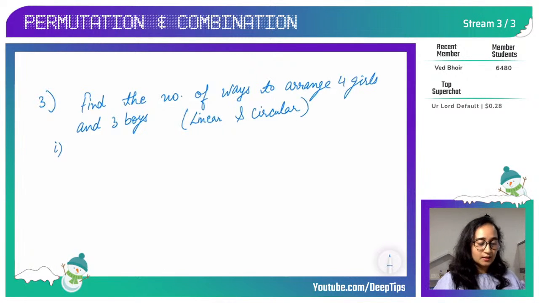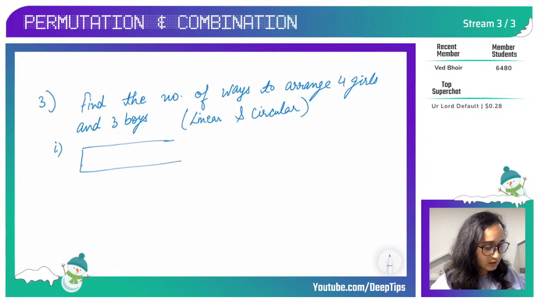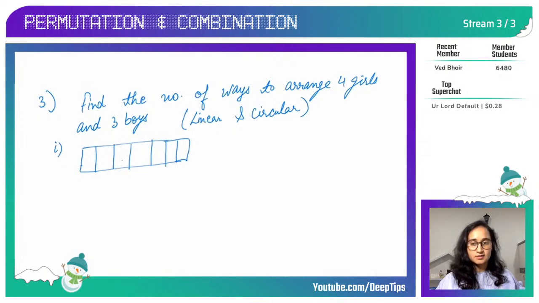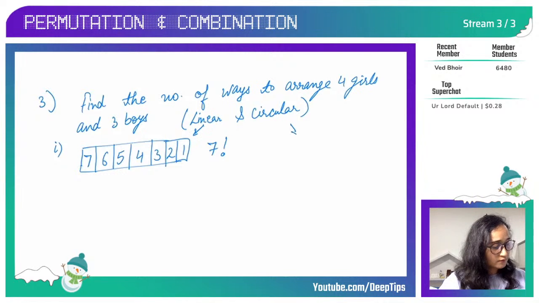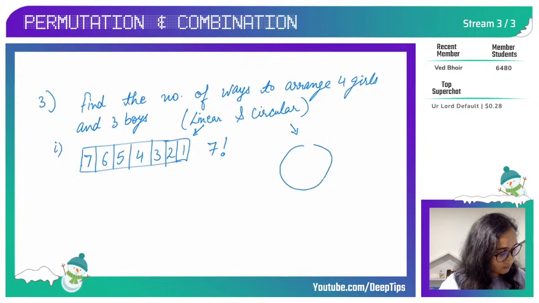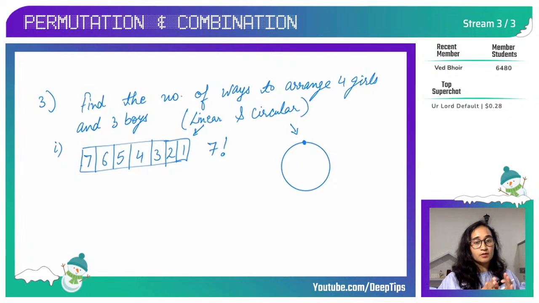So if I am saying linear arrangement, that means I have total 7 places, because 4 plus 3 gives me 1 2 3 4 5 6 7. So for the first child 7 places, for the second 6, then 5 4 3 2 1, so 7 factorial. Correct? This is my linear arrangement. But if I have to take circular arrangement, I will fix 1 place, because I need something, right, to fix in circular arrangement.